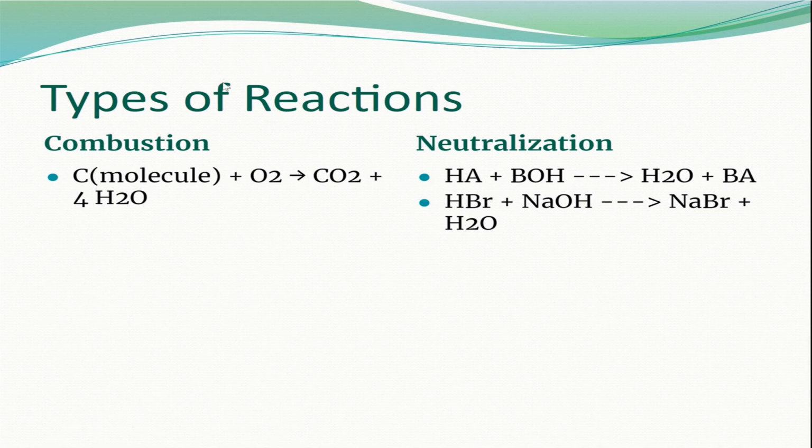That is how cellular respiration works. Cellular respiration, at its core, is a combustion reaction. We have neutralization. This is where we take an acid and a base, and we are able to get water and a combination of the two. So here we have some examples of that.